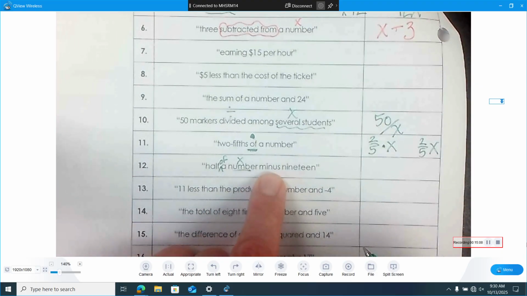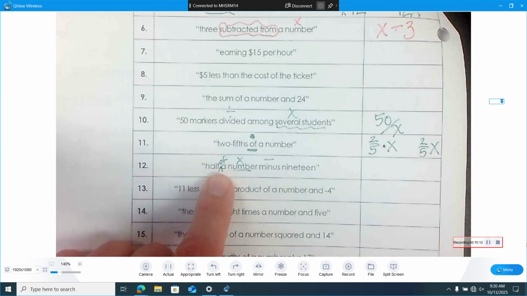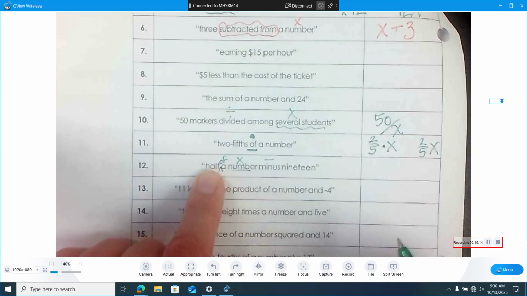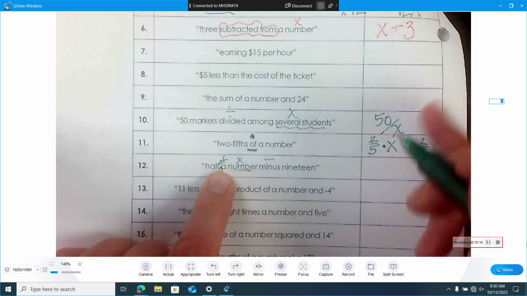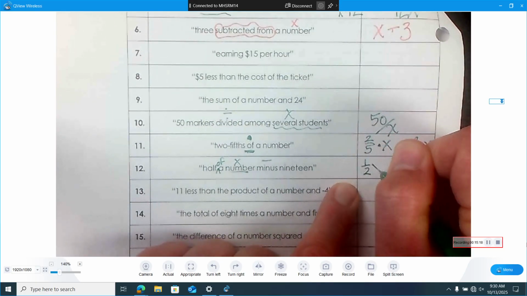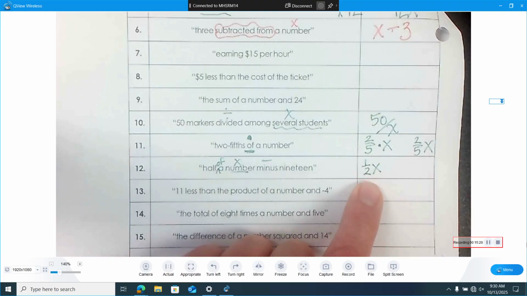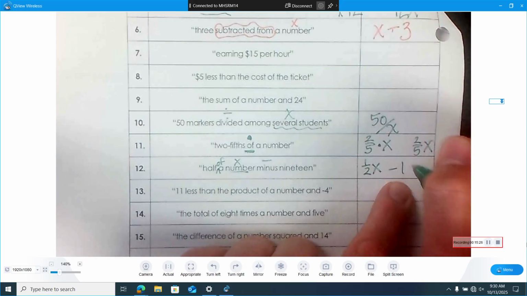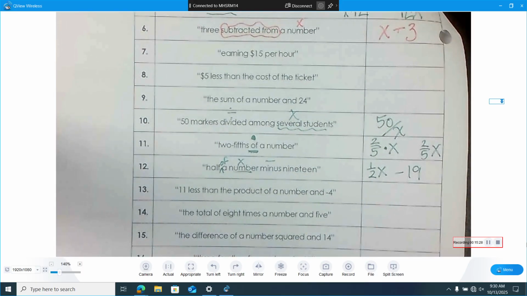What does minus mean? Subtraction. So half of a number, "of" means multiply. So this would be half times the x, and then subtracting 19. Half of a number minus 19.